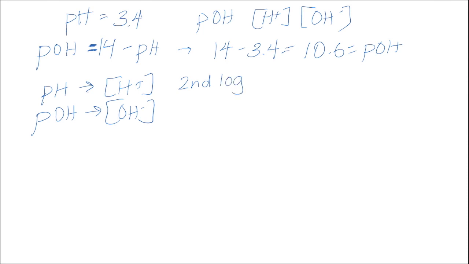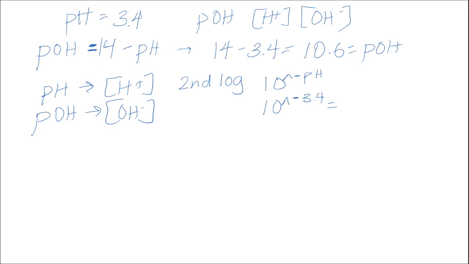When it comes up on your calculator, it will look like 10 carat. So that second log, or the inverse log, is what you need, and then you're going to put your negative pH in there. So for this one, I would do second log, which is 10 to the negative 3.4.